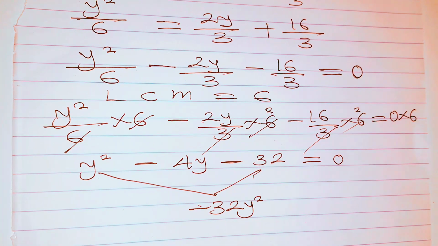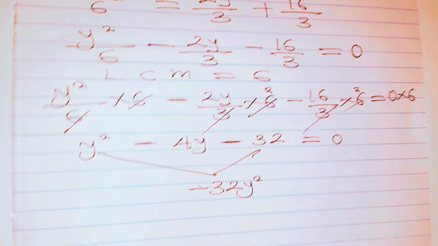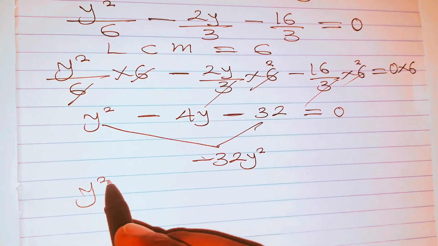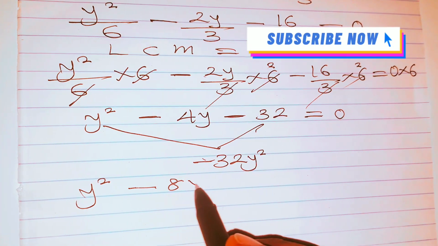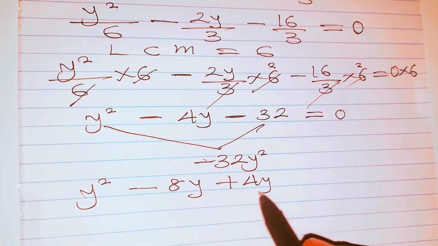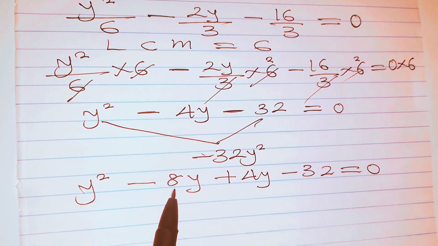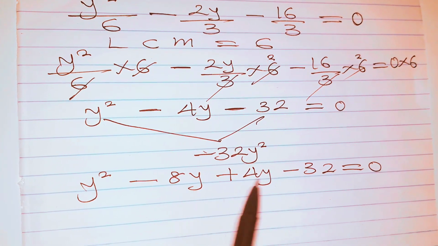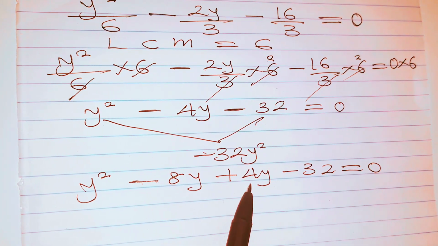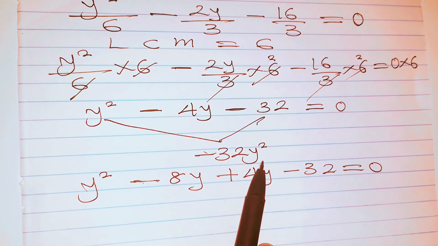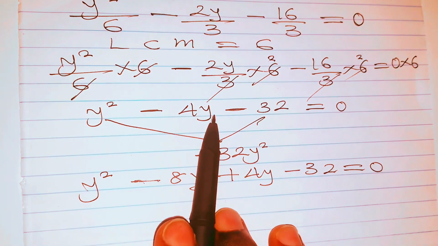And of course, when you list out all the factors of minus 32 like we did in the very first question we factorized, we then get y squared, and then minus 8y plus 4y minus 32 equal to 0. That is, minus 8 and plus 4 will be the factors to be considered, because when you multiply minus 8 by 4, it's going to give us minus 32y squared, and then minus 8y plus 4y is going to give us minus 4y.